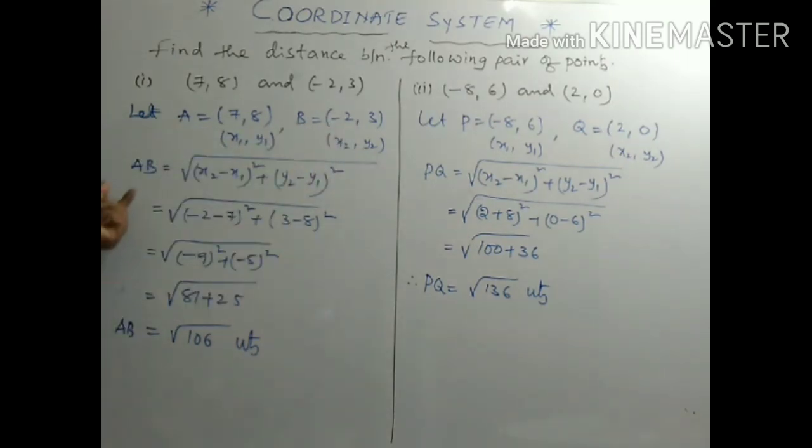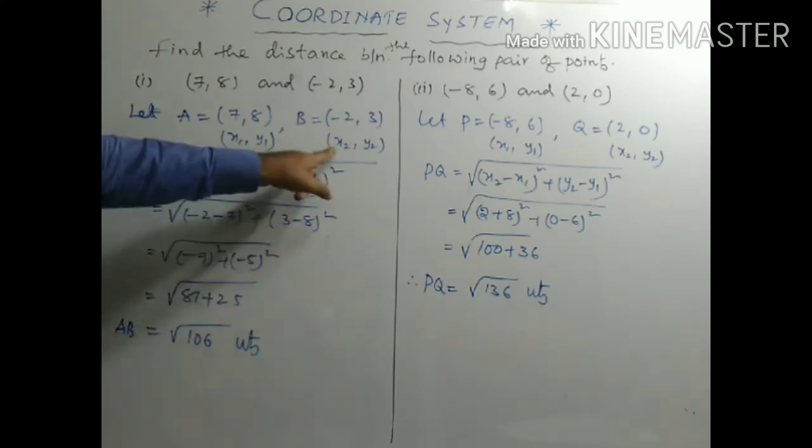So the formula to find the distance between the 2 points: first of all, the notation AB stands for the distance between these 2 points, and using the formula, the square root of (x2 minus x1) whole square plus (y2 minus y1) whole square.